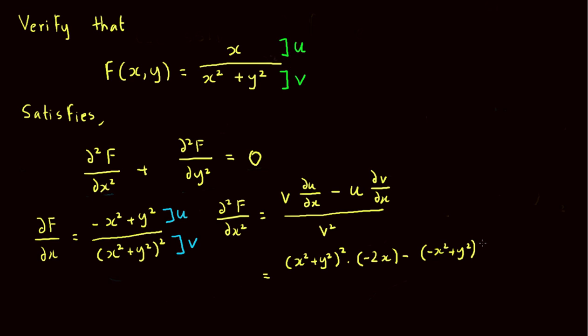And del v del x is 2 times x squared plus y squared, multiplied with 2x, over v square, which is x squared plus y squared squared, to the power of 4.